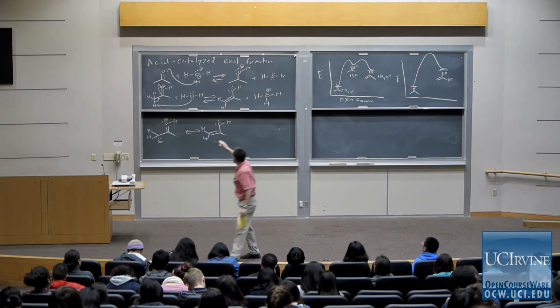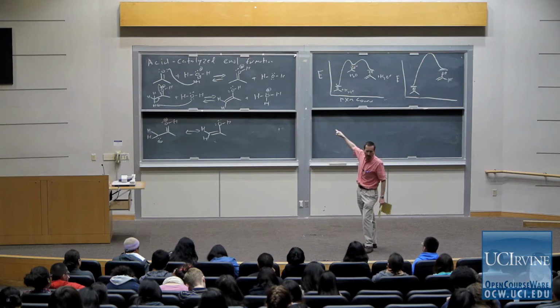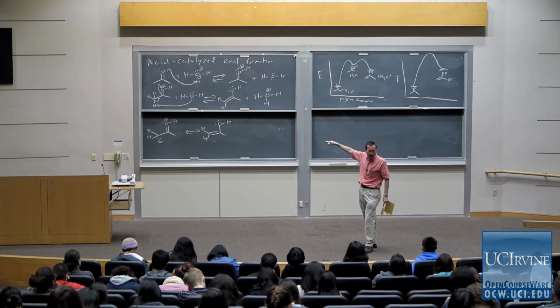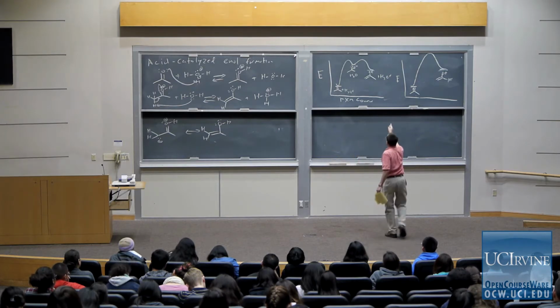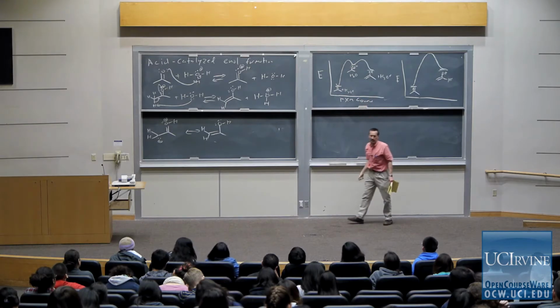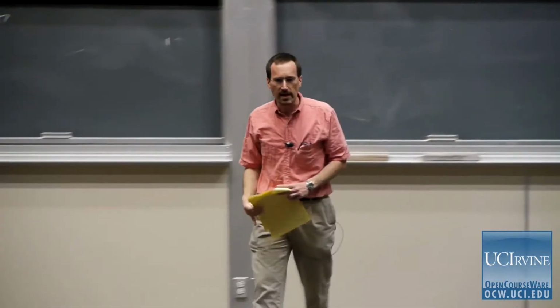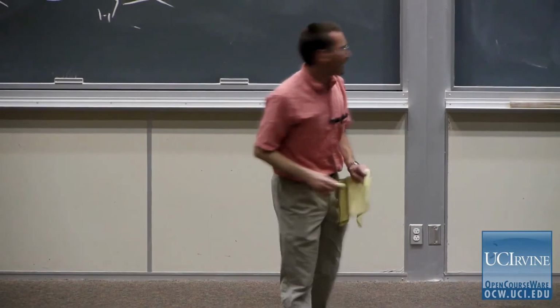When enols form by first protonating the carbonyl to give a protonated carbonyl compound, and then deprotonating the alpha carbon to give the enol, that means that the reverse pathway proceeds backwards by the same mechanism. And so we can write, and you should be able to write in your sleep, the reverse mechanism.